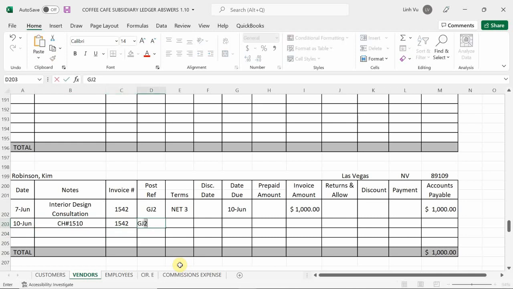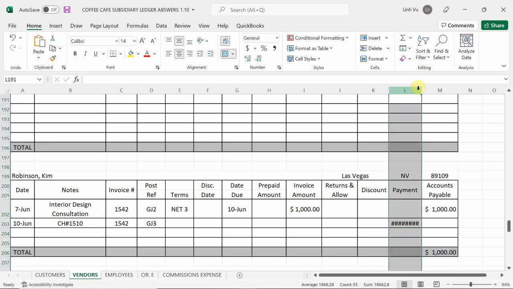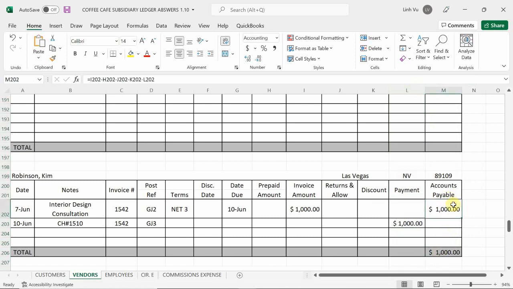This was General Journal 3, and because I made a payment, I'm going to go into my payment column and say I put $1,000 in there, okay? Now, of course, it tells me that I have $1,000 outstanding, but if I put this down here, it says I made a payment of $1,000, so now I owe Kim Robinson nothing.